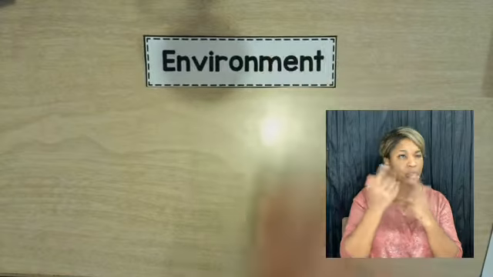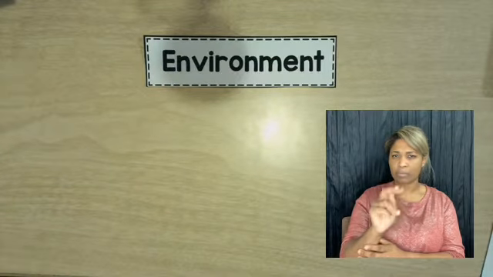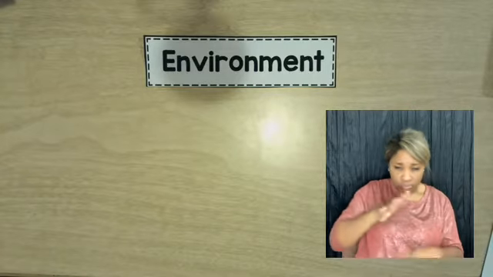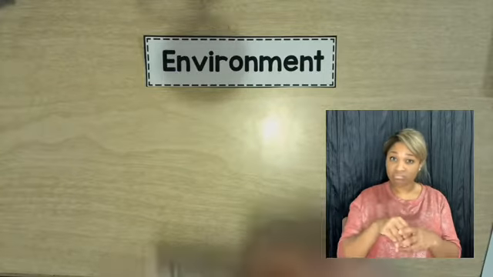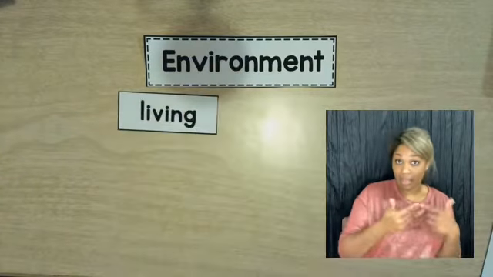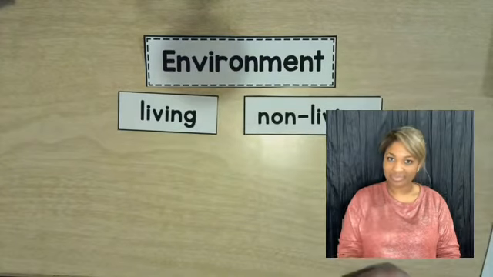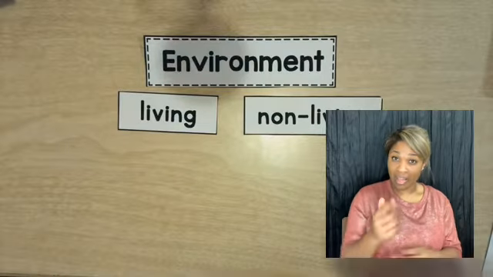We're going to think about what an environment is. All of the things around us make up our environment, and that includes living things and non-living things. Now, when a thing is living, it has a special name.